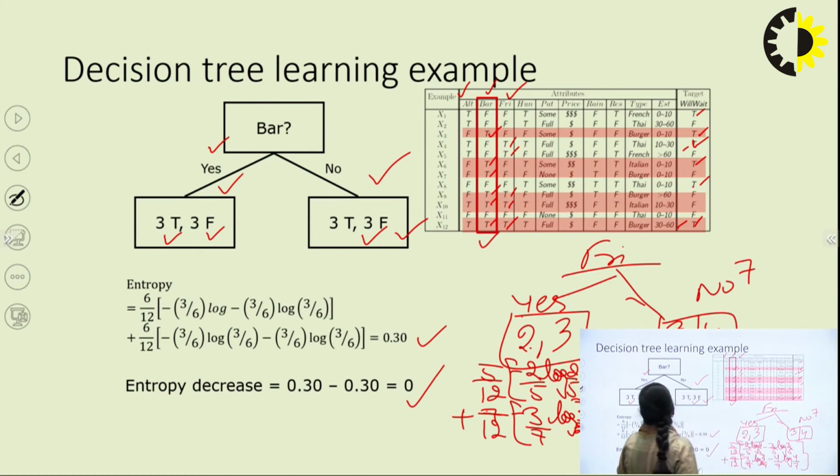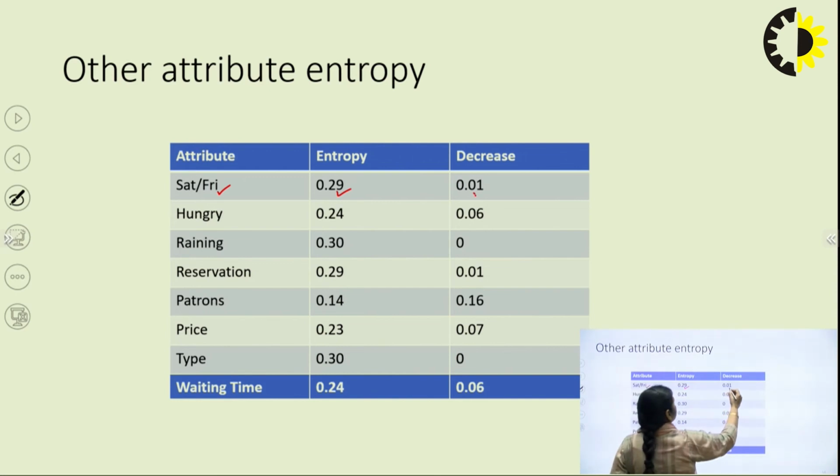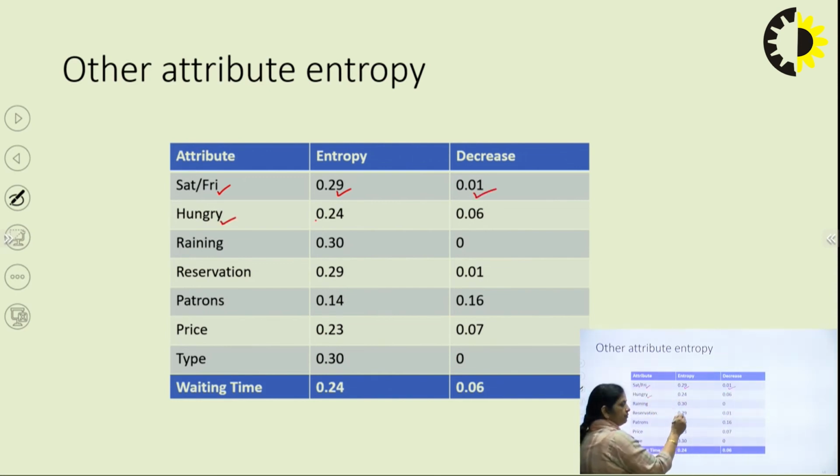So when I calculate this entropy, finally I have written the values in this particular slide table. For Friday, Saturday, I got the entropy 0.29, and the entropy of the whole data set was 0.30. So the entropy decrease is 0.01. For Hungry, we are having 0.24, so the decrease is 0.06. On the same basis, we have calculated the entropy of the attributes.